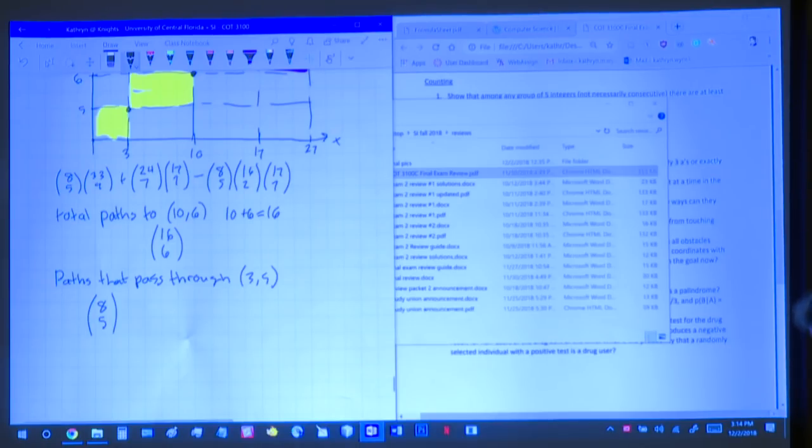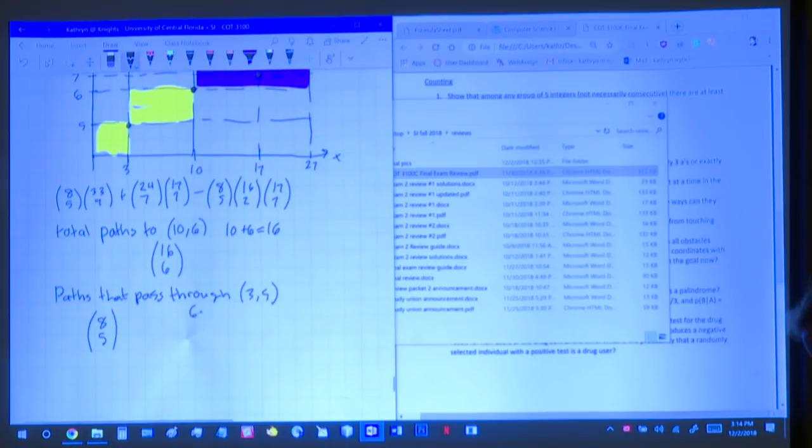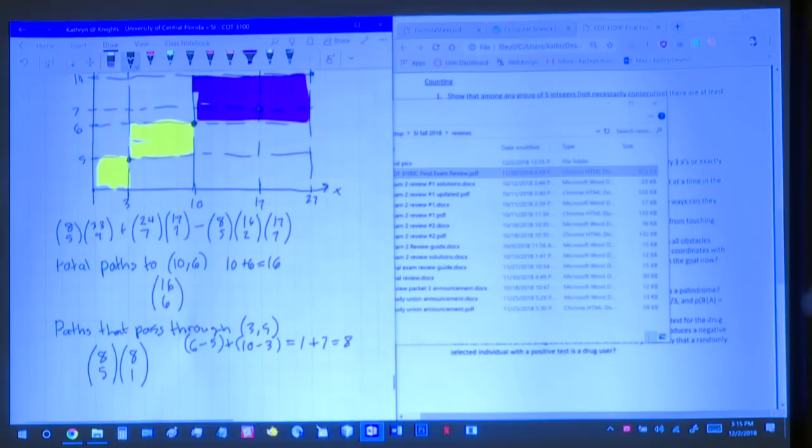And then we'll have 6 minus 5 plus 10 minus 3 equals 1 plus 7 equals 8. Then we'll have 8 choose 1, which is just 8 by the way, but we'll keep it like this to make it consistent.